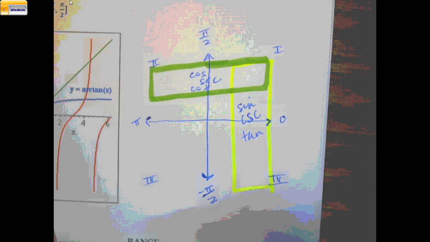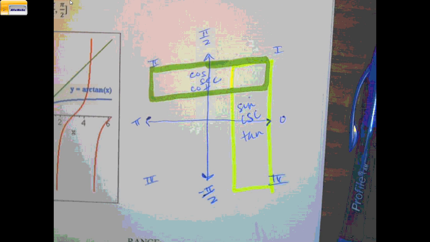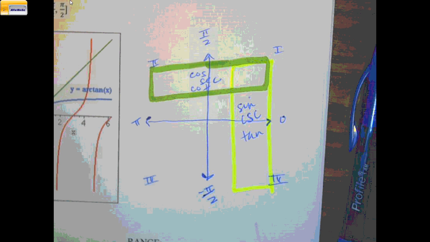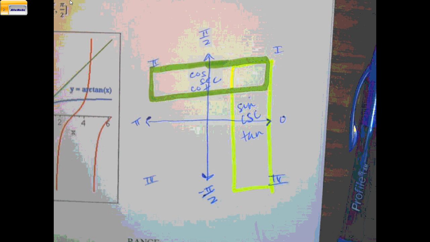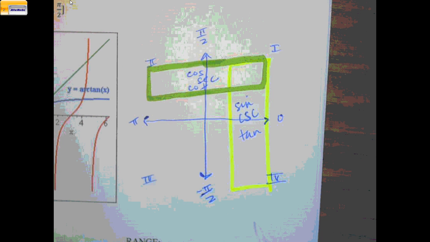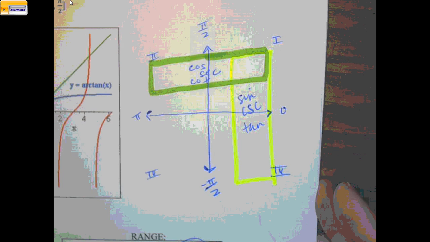So this little picture is kind of what's always in my head, because it's hard for me to memorize each of those intervals on their own, and it probably is for some of you too. All right, so kind of keep this in your mind, and we're going to start going through some examples.